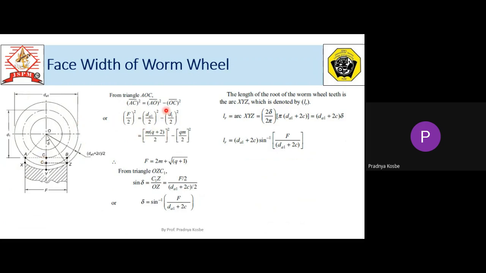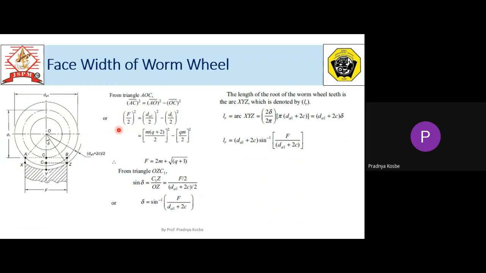So put these values over here. AC is half of the face width, so (F by 2) square. AO is the radius of the outside circle, so it is dA1 by 2. OC is the pitch circle radius of the worm, so it is d1 by 2.